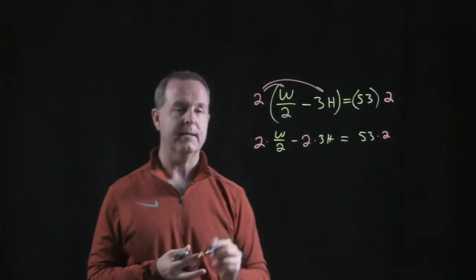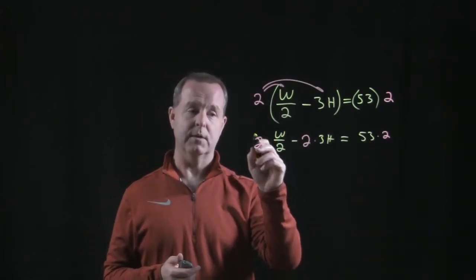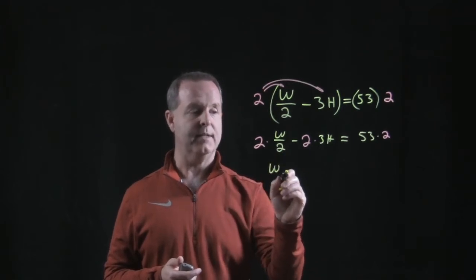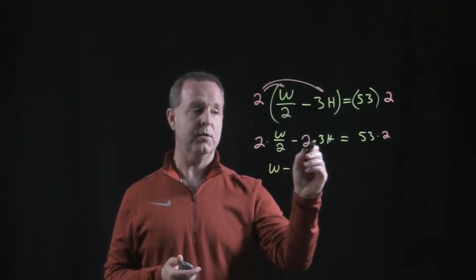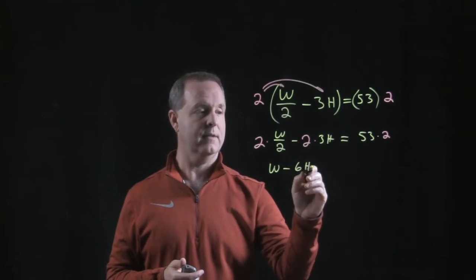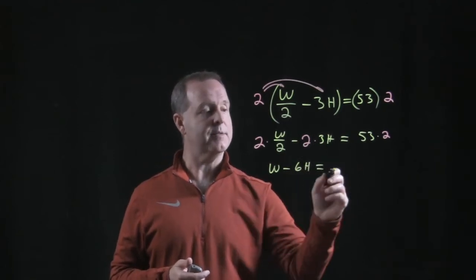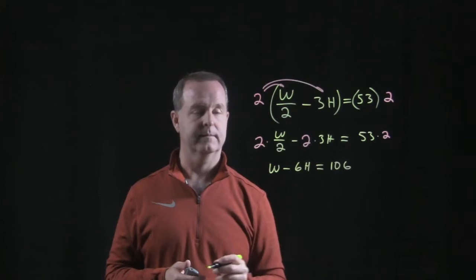Let's clean that up a little bit. 2 times w over 2, the 2's factor out. I have a w minus 2 times 3, which is a 6h, equals 53 times 2 is 106.